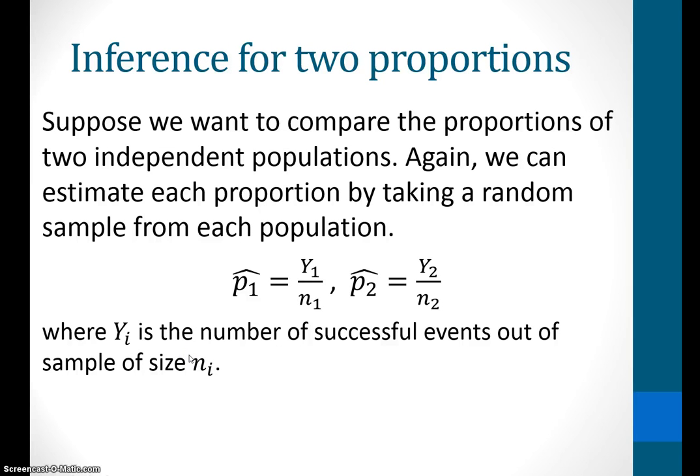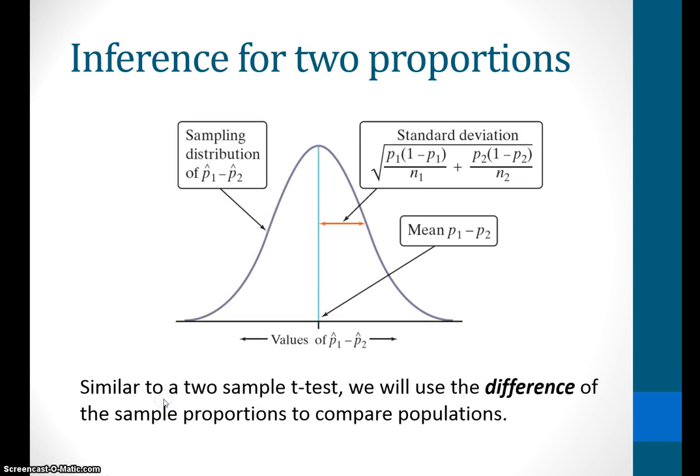Now we can do inference for two proportions. Suppose we want to compare the proportions of two independent populations. Again, we can estimate each proportion by taking a random sample from each population. We estimate these the same way as p hat before, but now we have p hat 1 for the first population and p hat 2 for the second population.